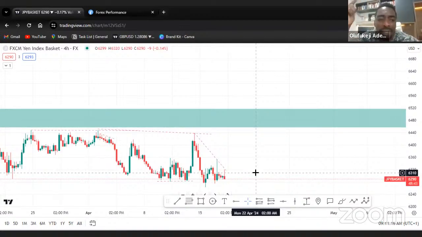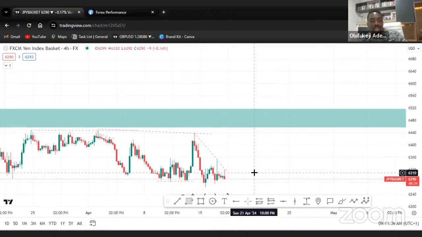If it breaks to the upside, that gives another support or reference to our CHF JPY sell. But if it breaks to the downside, CHF JPY is cancelled. And when I say break to the downside, I mean violent break to the downside. So this is what we use to confirm.